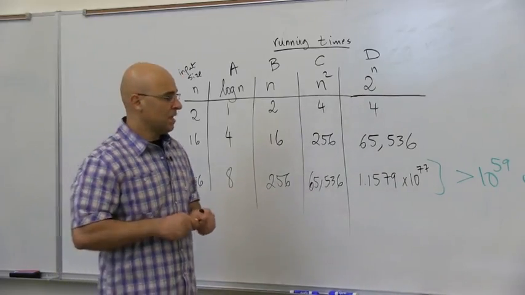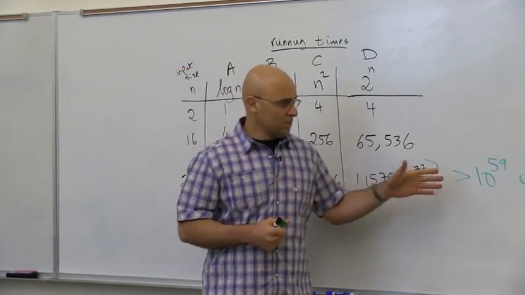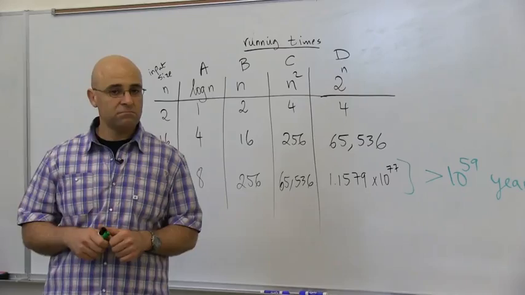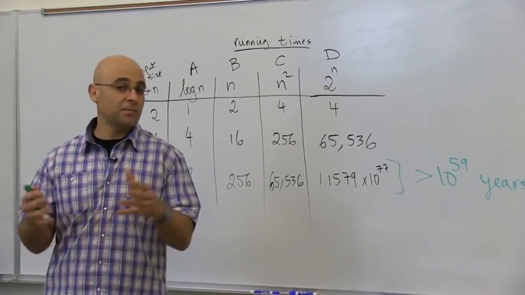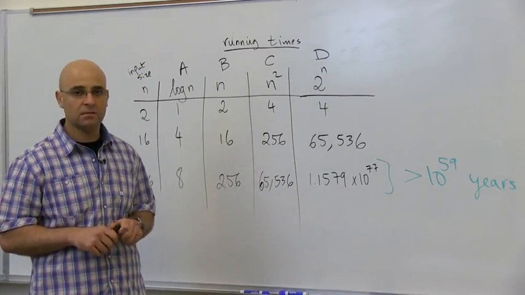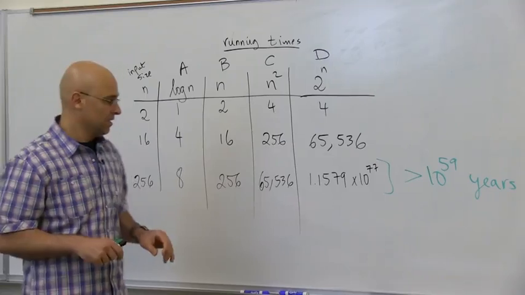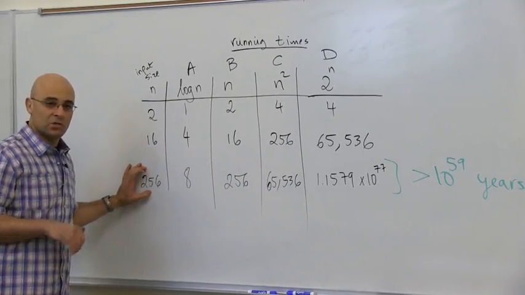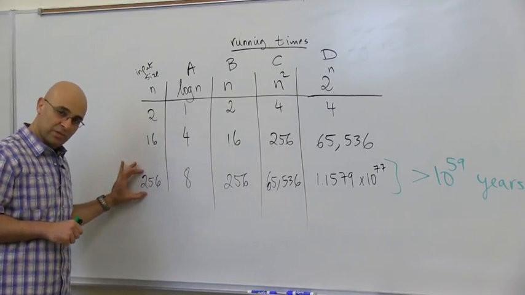Now, with 10 to the 59 years, there are 2 issues. First of all, to the best of my knowledge, the laptops and desktops that we use today cannot do 10 billion operations a second. This is number one. Second thing, 256 is still very small for an input size. So in practice, we will be dealing with much larger input sizes.